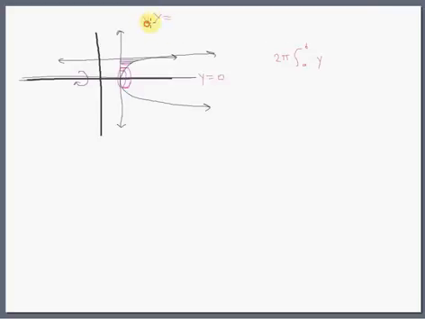Because if you think of it as an equation solved for x, it's x as a function of y. So y is the variable that you're working with, and that's why this would be a dy equation. So we'll have y times f of y minus g of y, taken with respect to dy.